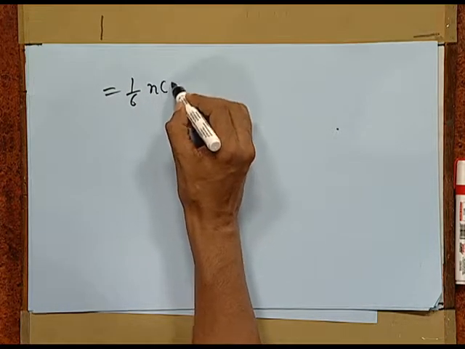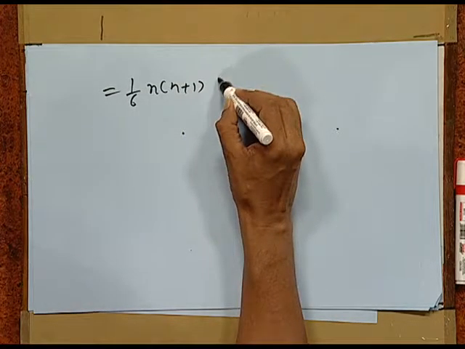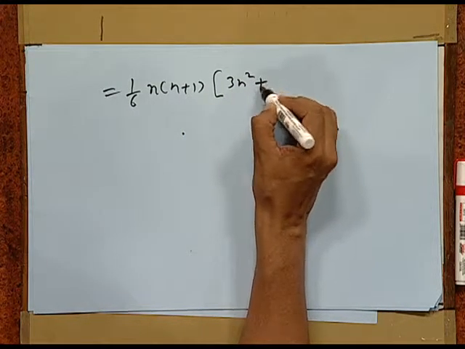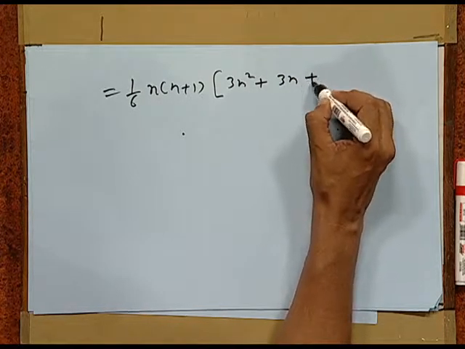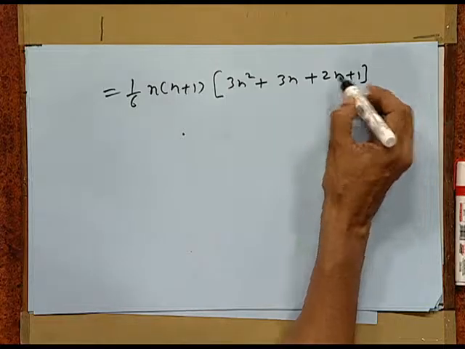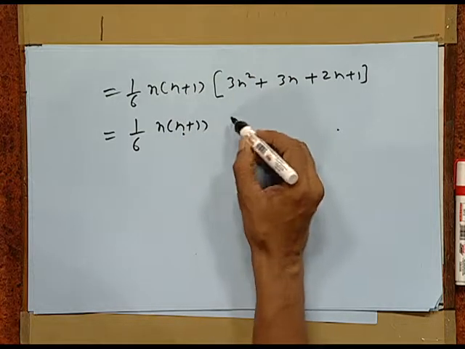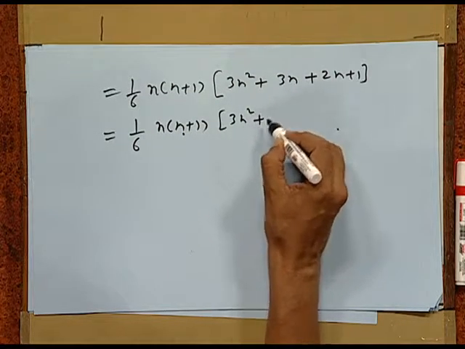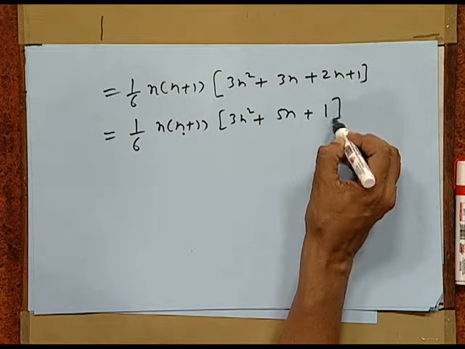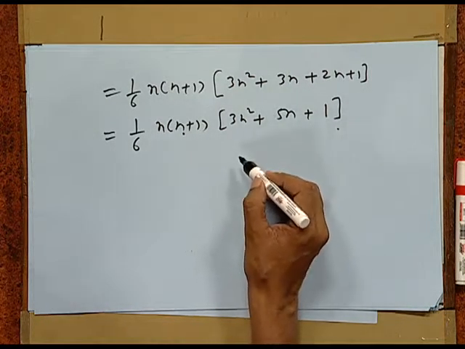This equals 1 by 6 times n plus 1 times 3n square plus 3n plus 2n plus 1, that is 1 by 6 n times n plus 1 times 3n square plus 5n plus 1. Now, this gives the sum of the n terms of the given series. Recall, in this question we have to first find the nth term and then we applied the sigma notations.